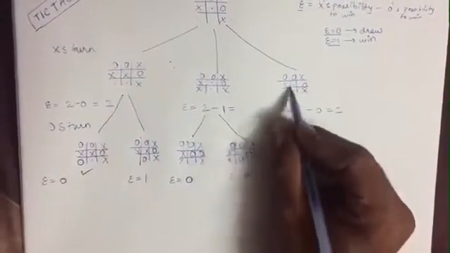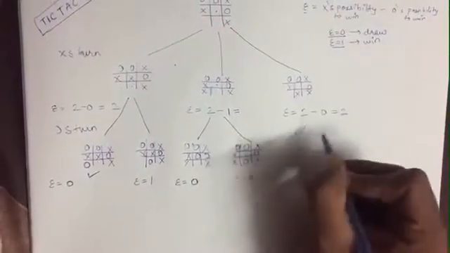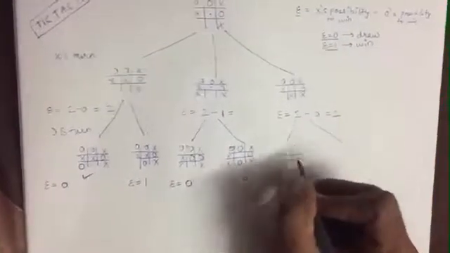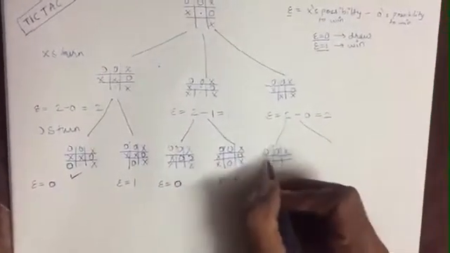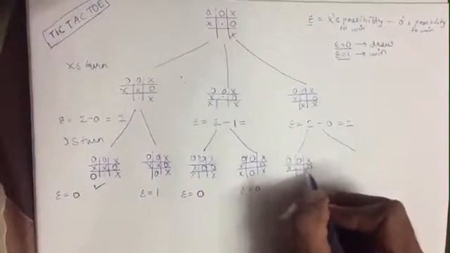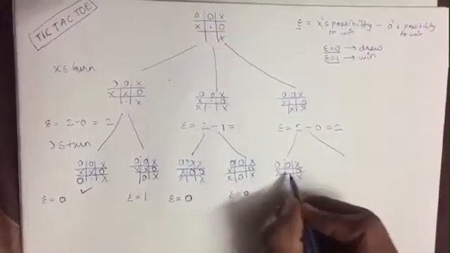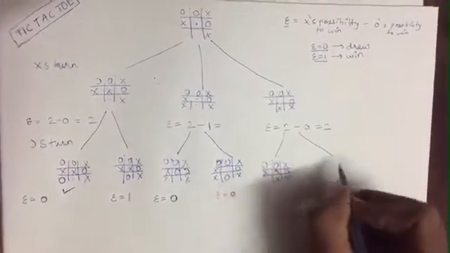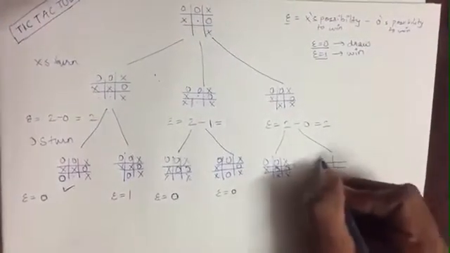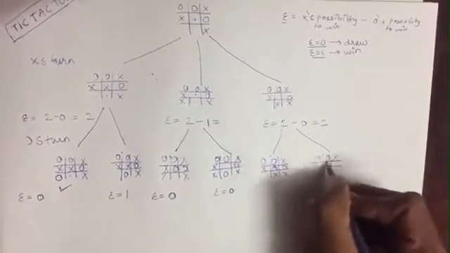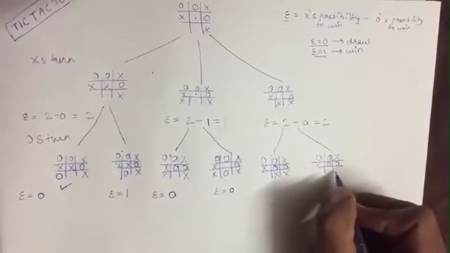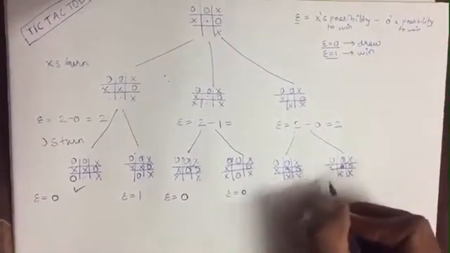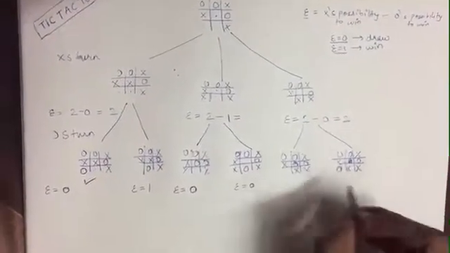Now this one, there will be two possibilities. So 1 and 2. So this will be O, X, X. So first I will be keeping over here, it is O's turn, and second one, sorry, over here.